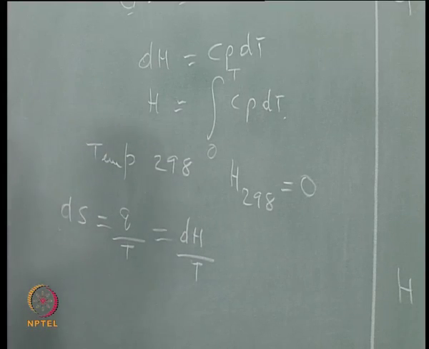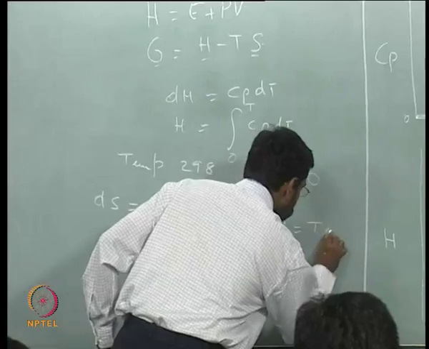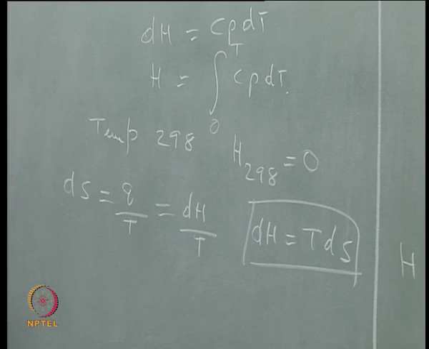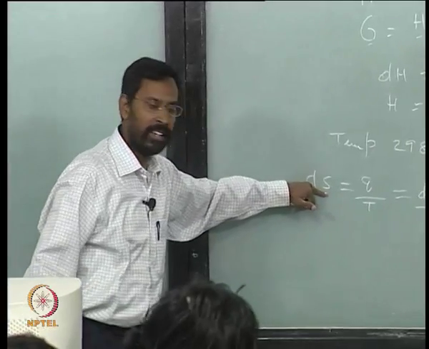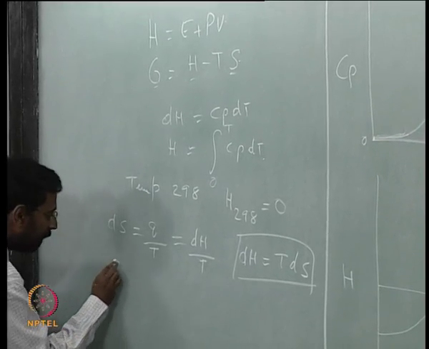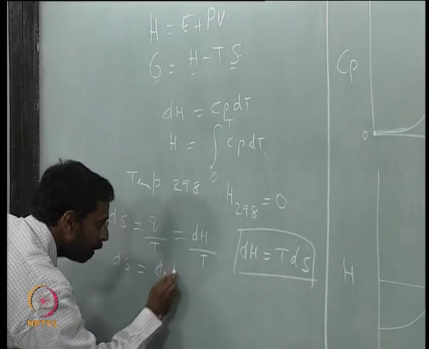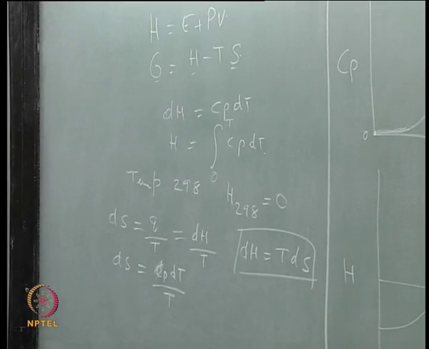So dS is dH by T, and that also leads to another equation, which is very useful as we go along, because it becomes useful when defining the free energy more easily. If dS is equal to dH by T, then I can simply write dS equal to Cp dT by T, because dH I have already defined as Cp dT, isn't it?